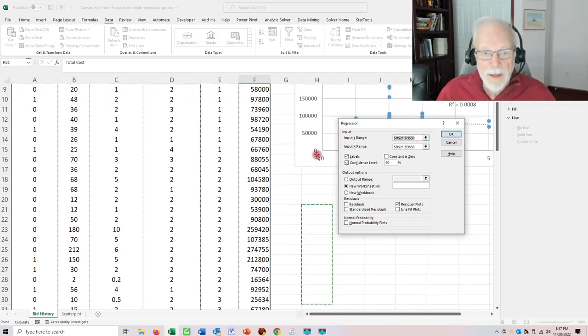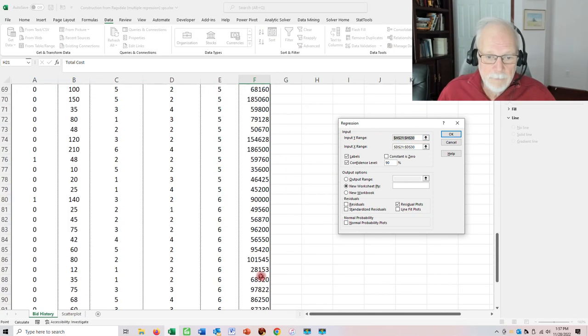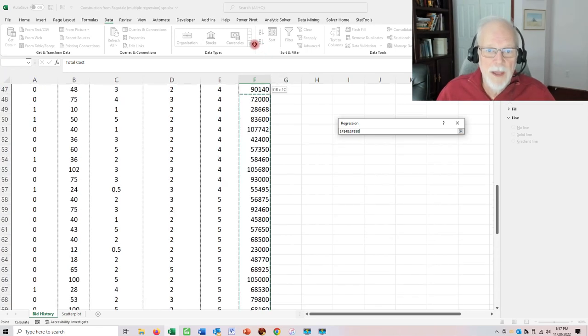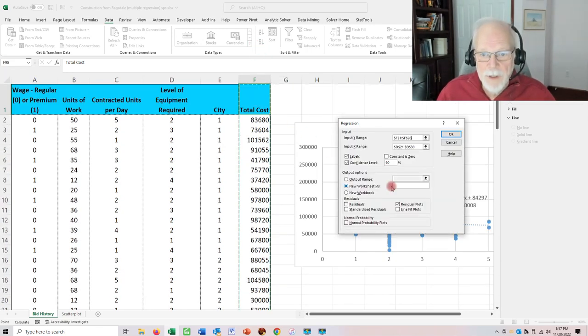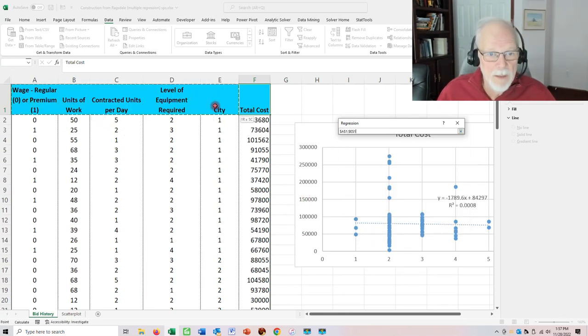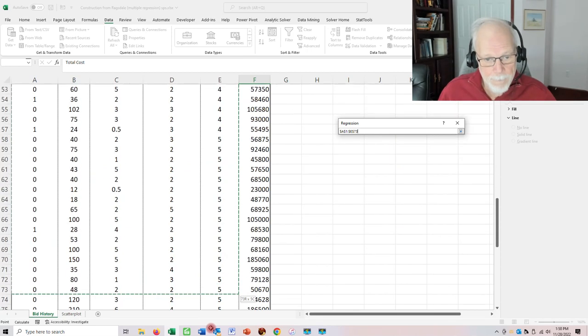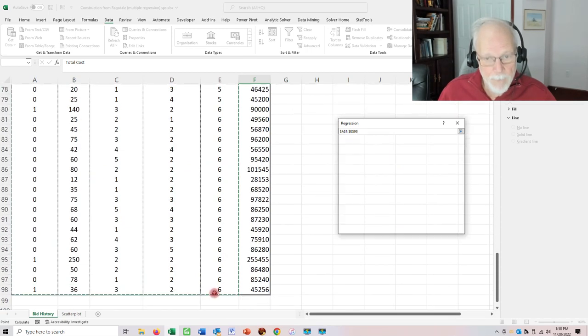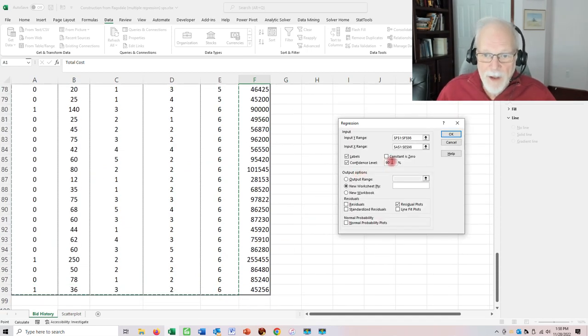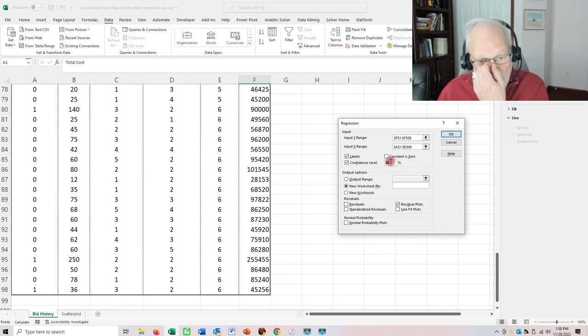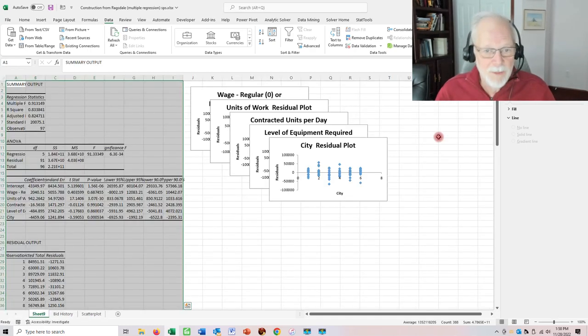Output is going to be here in column F. These are my output variables, my Y's, and yes, I do have labels. And my input range, I'm going to include all of these variables as my inputs for right now. And I have a confidence level of 90%. It's a second choice. It'll always give me 95%, but it can give me 90% as well. I'll ask to look at the residual plots like we did in class, and then I'll just say okay, and we'll see what we get.